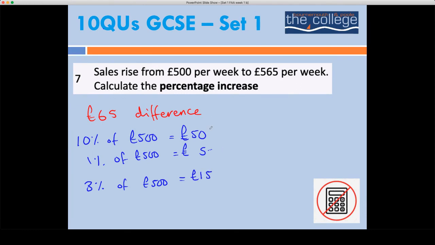And just like the check method, I've got 50 plus 15 is my £65 difference. Therefore, the percentage increase must be 13%. It works. So you decide which method you think is best for you, but just don't forget percentage change is the difference between the first and the second price, always divided by the original.